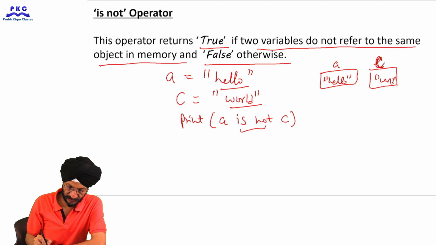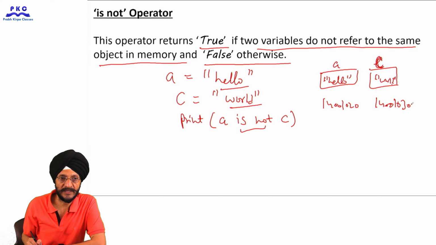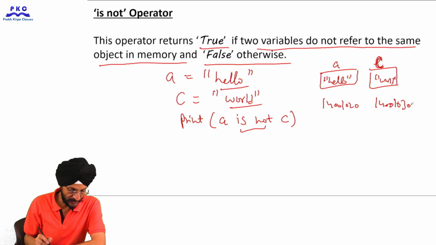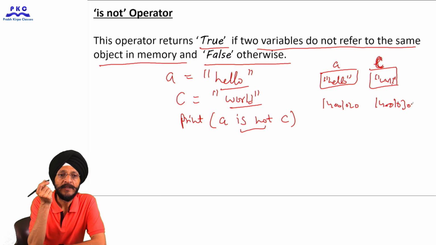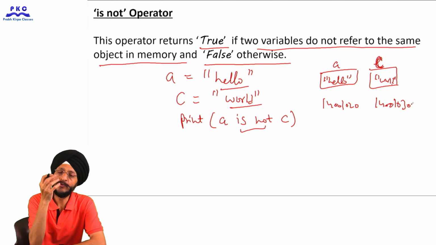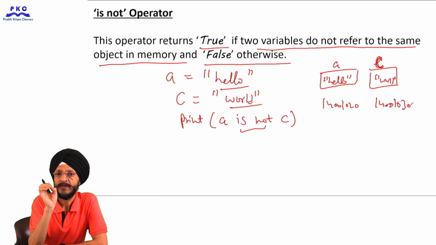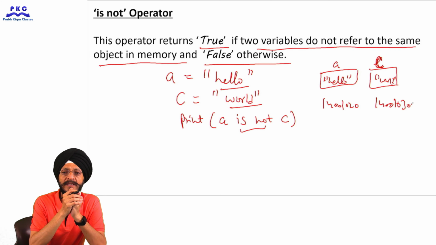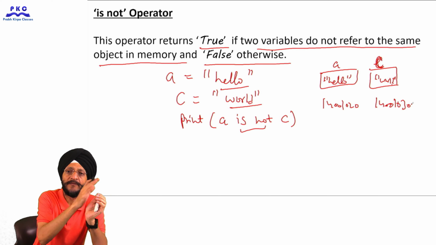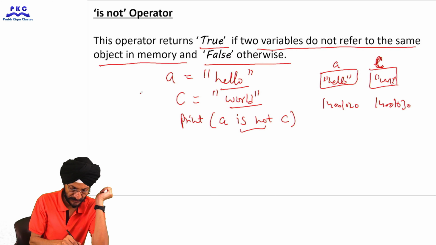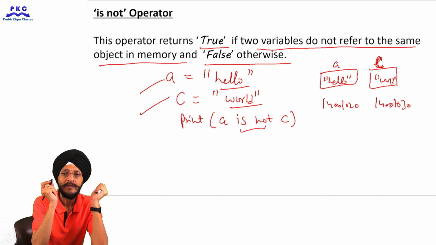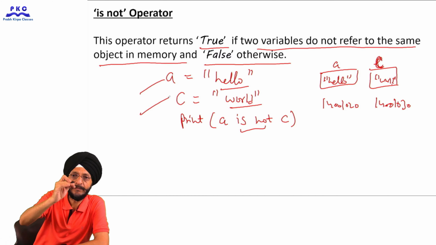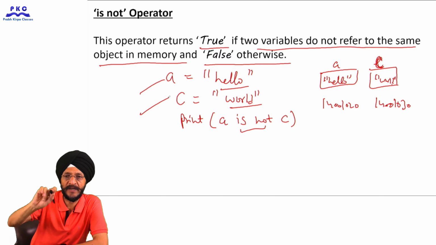This will be A, this will be C. Suppose it will have an ID like this, and it may have a memory location like this. It is not for us to find out. The memory manager will automatically allocate different memory to A and C. However, we can find out whether the memory location of A and C is different or not.